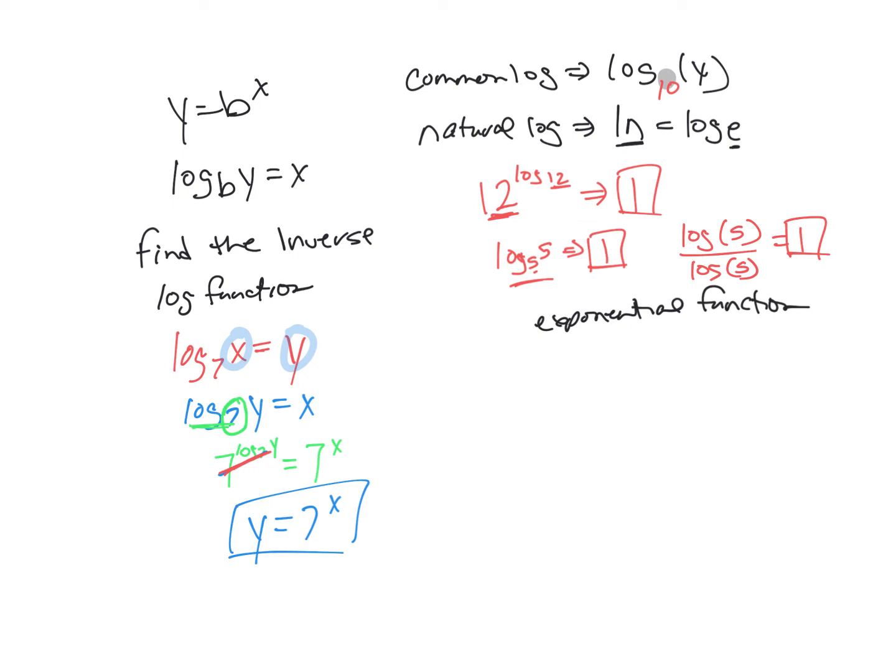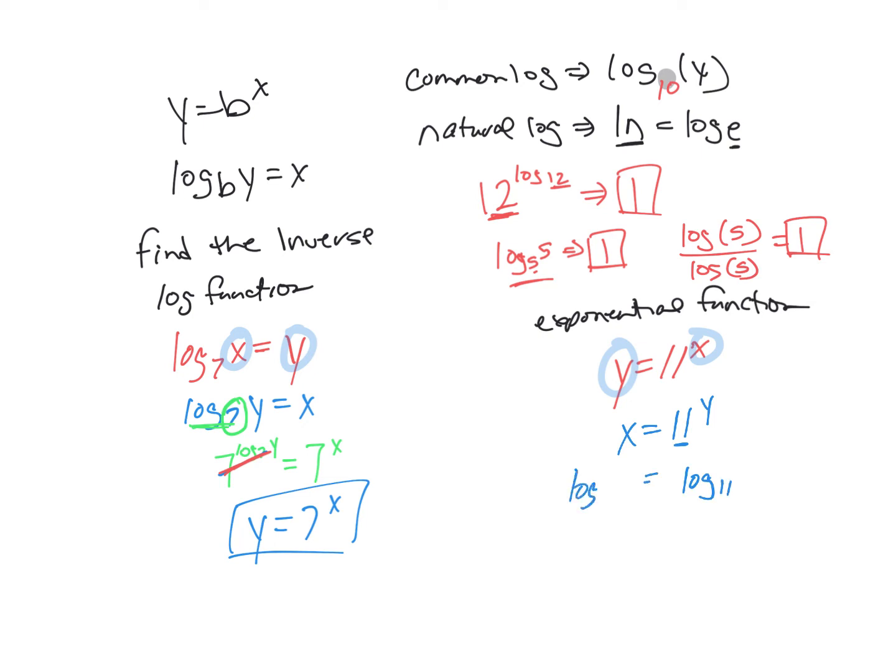Then we're going to look at the same one. So let's say I gave you y equals 11 to the power of x. So remember, the first thing that you're going to do is flip your x and your y. So we're going to say x equals 11 to the y. And now to undo exponential, we're going to write the word log on both sides.